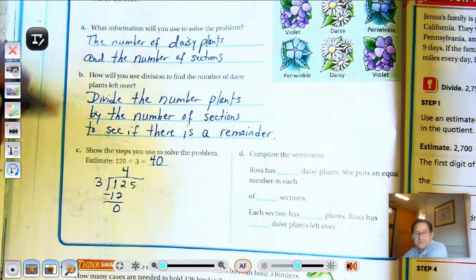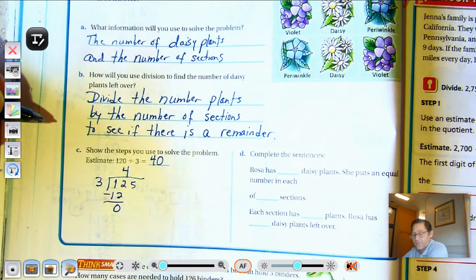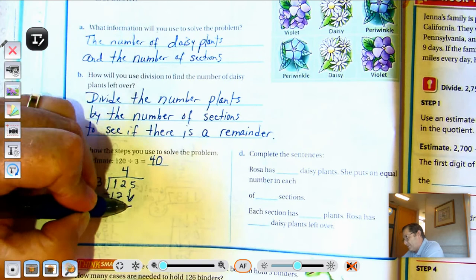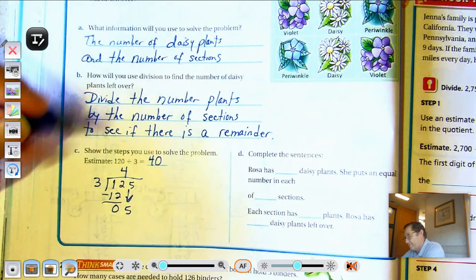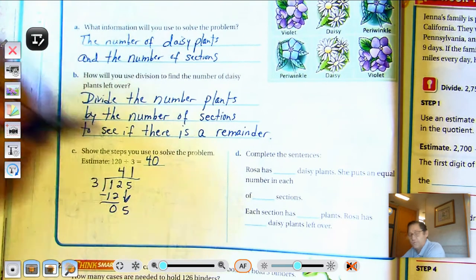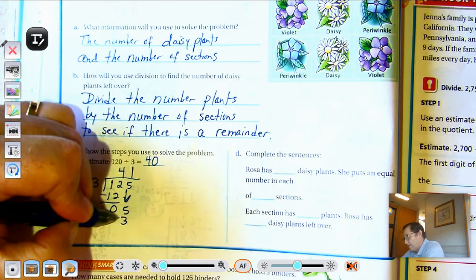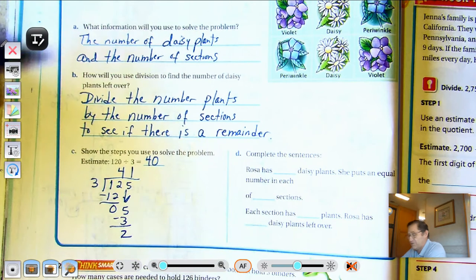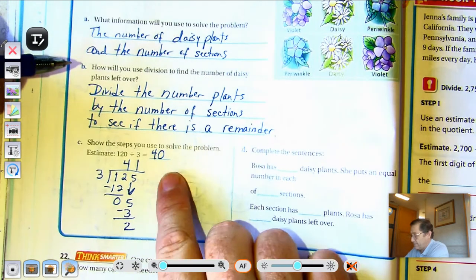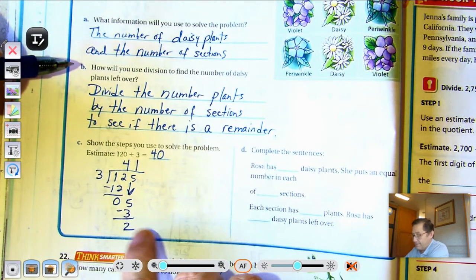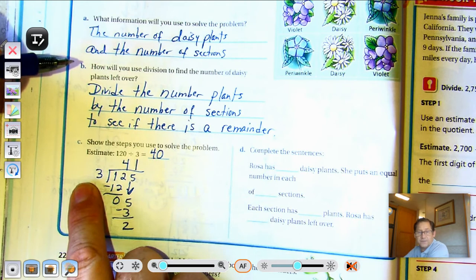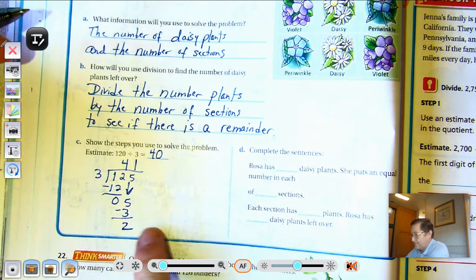We subtract, we get 0 tens left. So we have 5 ones left that we have to share. And 5 ones with 3 groups would be 1 one in each group. 3 times 1 is 3 ones. And we have 2 left over. There's no other numbers to bring down, and the 2 is less than the divisor 3. So that is a remainder.